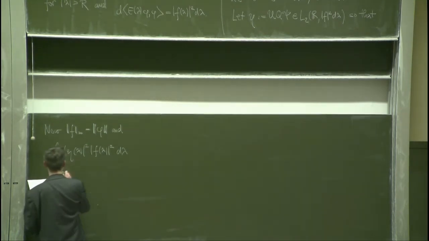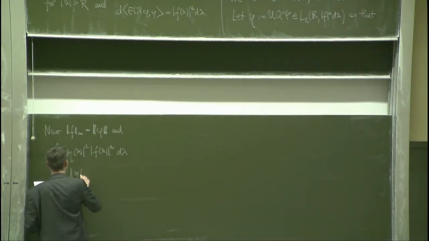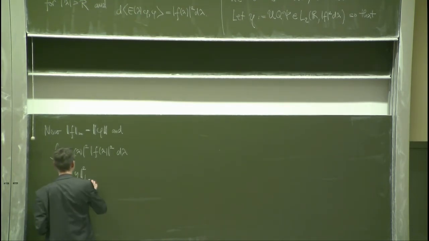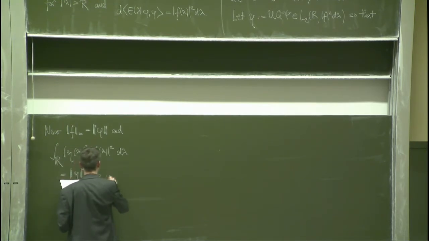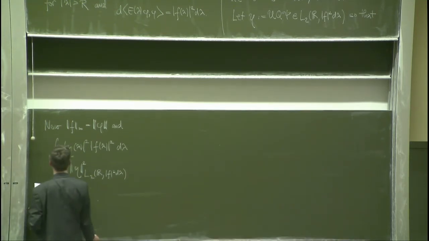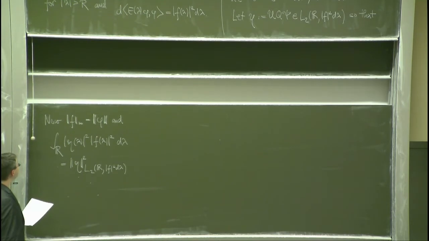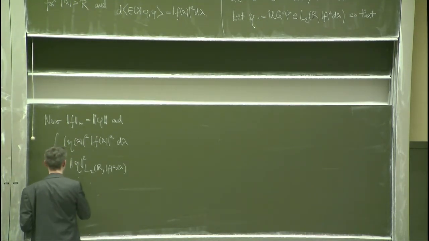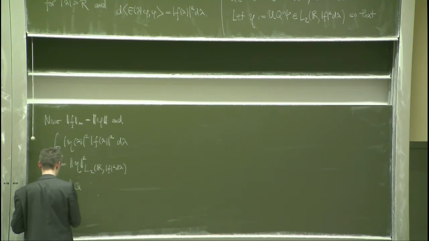Yeah, this is nothing but the L2 norm to the power of 2 of eta, but now in the L2 space with the measure f to the power of 2 d lambda. And now you have to recall what this eta was. By our definition, this is nothing but the norm of Q psi.